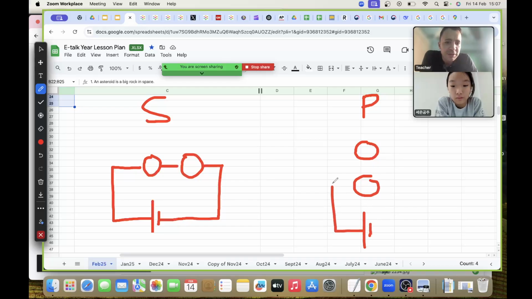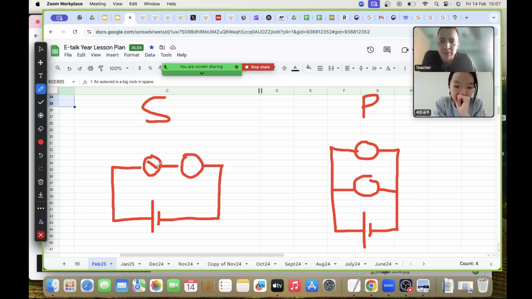I want you to tell me which circuit will show brighter bulbs, the series or the parallel. This is a little bit of a confusing question, and that's why I think they will ask this question in the test.